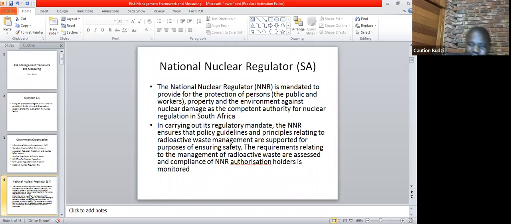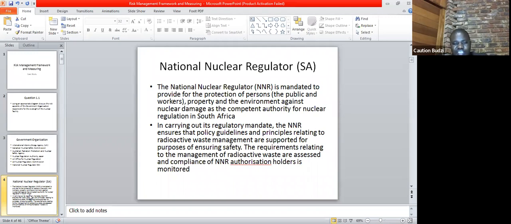In carrying out this regulatory mandate, the National Nuclear Regulator ensures that policy guidelines and principles relating to radioactive waste management are supported for the purpose of ensuring safety. The requirements relating to the management of radioactive waste are assessed, and compliance with National Nuclear Regulator authorization orders is monitored.